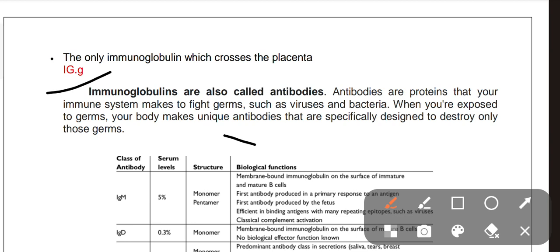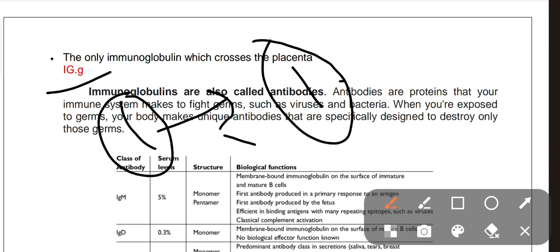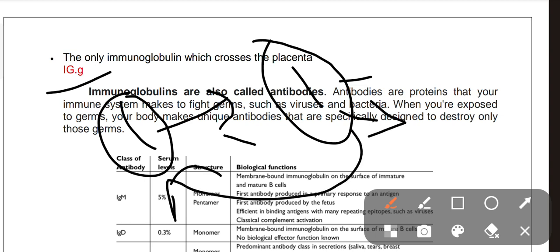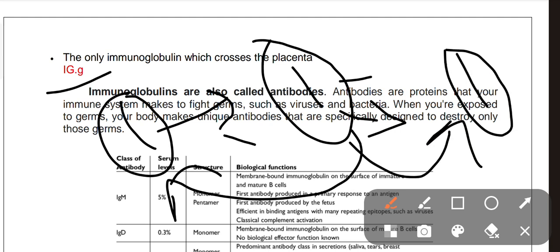For example, when a type of antigen enters the body, the same type of antibody will be produced by the body. This antibody will react only towards the same antigen. It will not work on another type of antigen.